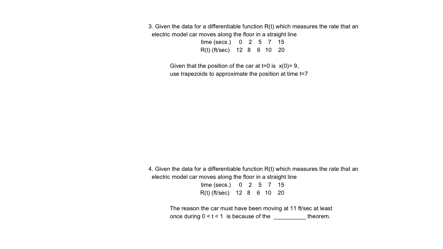The next problem asks us to estimate the position at time 7. So to find the position at time 7, that's going to be the position at time 0 plus the net change from 0 to 7 of the derivative.